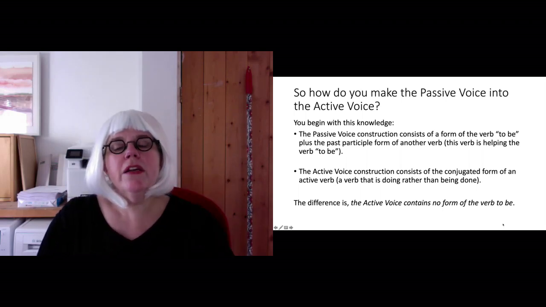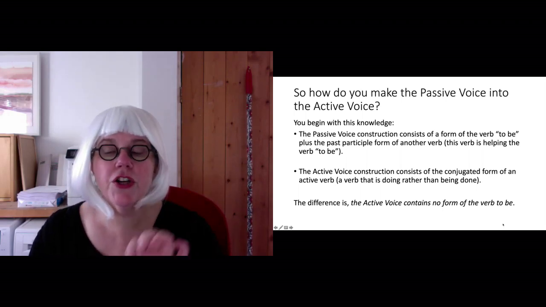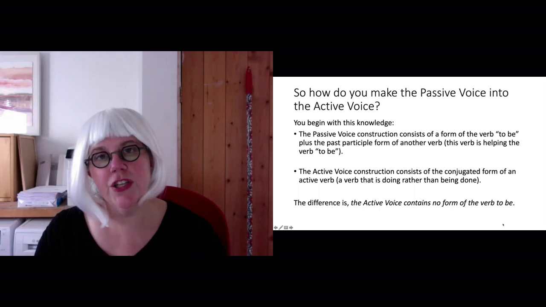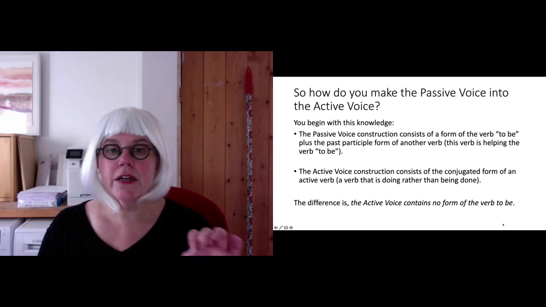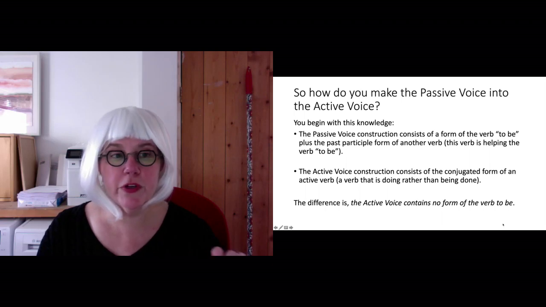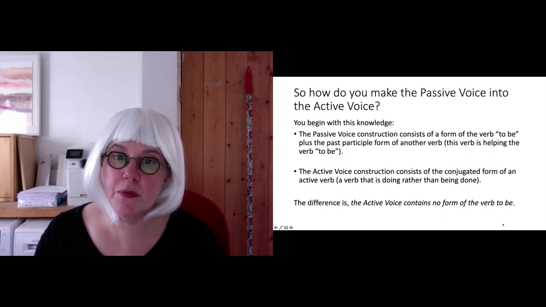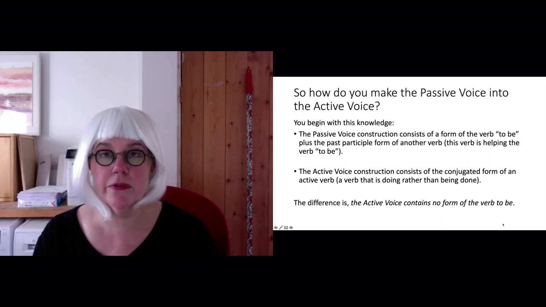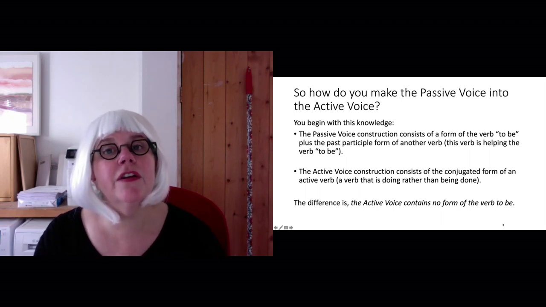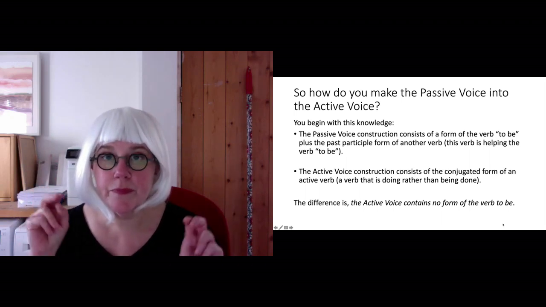Okay, you begin with these two pieces of knowledge, which you already know from watching the last part of the lecture. The passive voice construction consists of the form of the verb to be plus the past participle form of another verb. This verb is helping the verb to be, so you may also think of it as a helping verb.